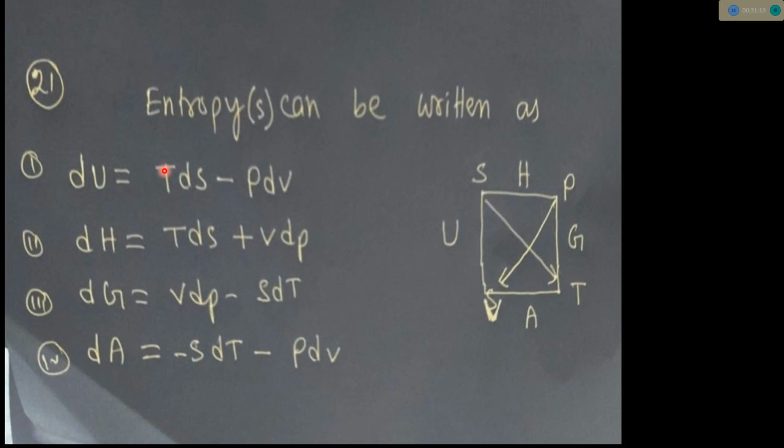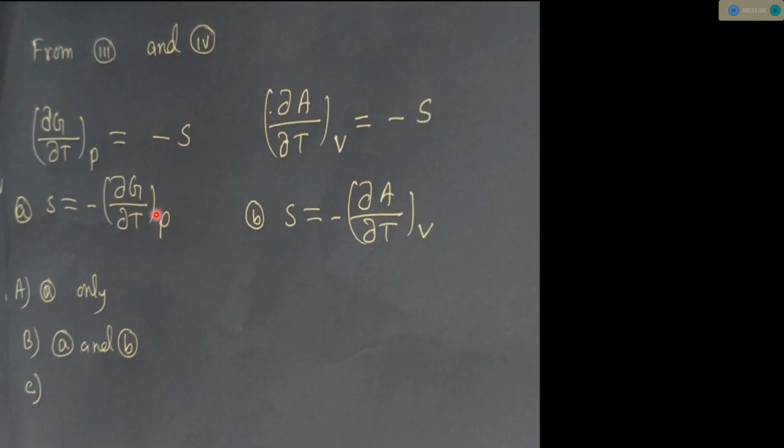We can write many forms of pressure, volume, temperature, etc. So for entropy we can write this kind of form: del G by del T at P is equal to minus del A by del T at P.